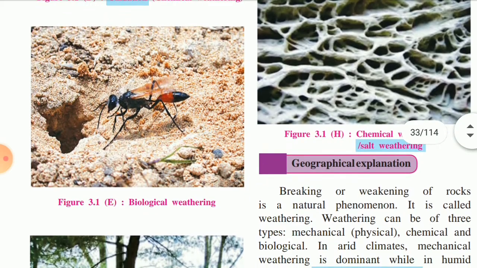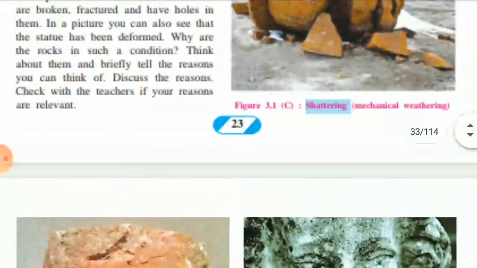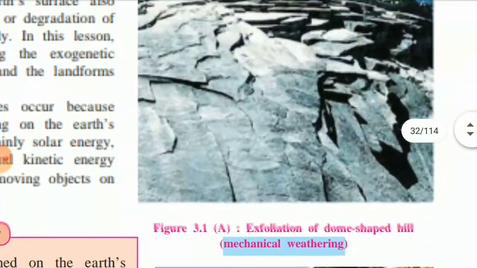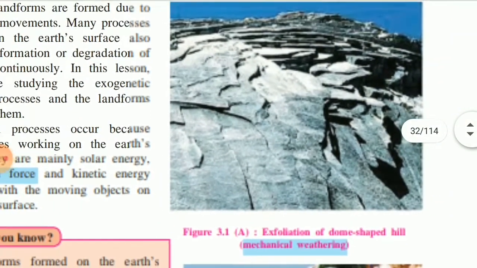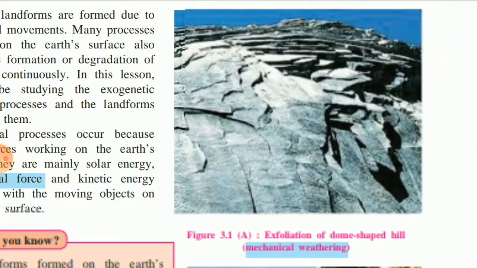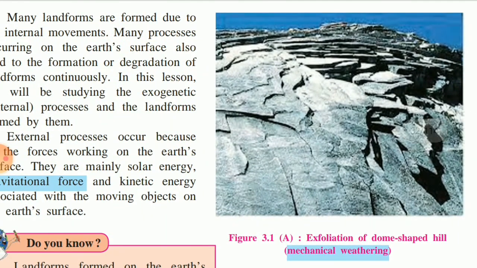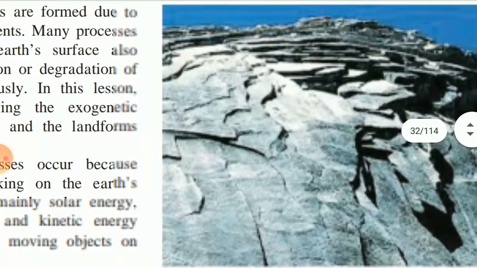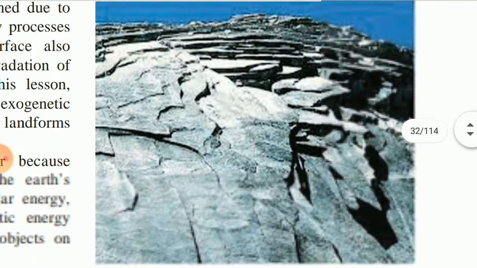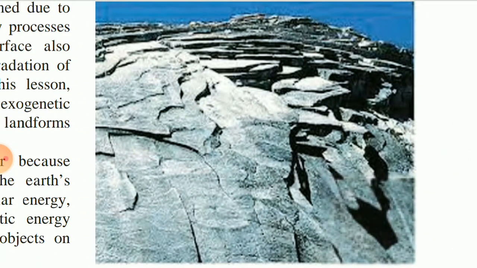So first of all, in the first picture here, because of the solar energy, because of the rain, and because of the strong wind blowing, dear student, the top layer of soil has been washed away.